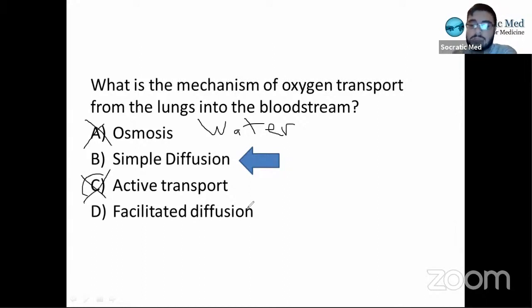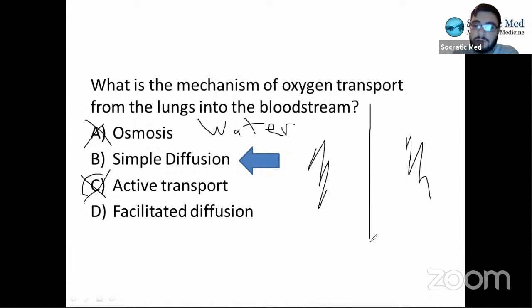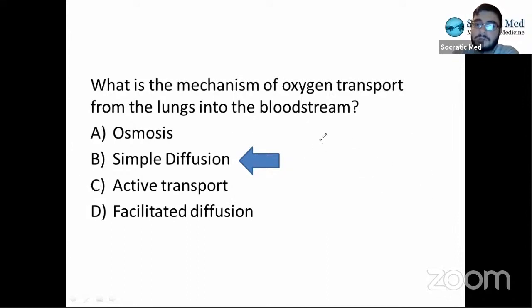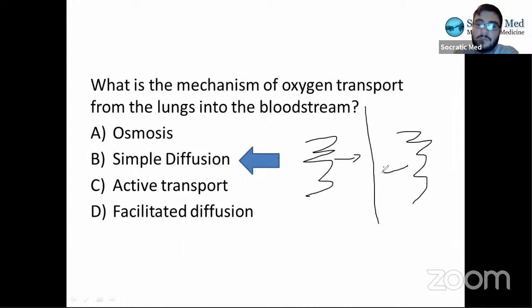The main difference between these is that simple diffusion is directly across a membrane. If you have space here and space here, and then just a membrane, which is a wall, then this can directly go here, and this can directly go here with no problem. That's simple diffusion. In facilitated diffusion, this stuff cannot go past the wall.